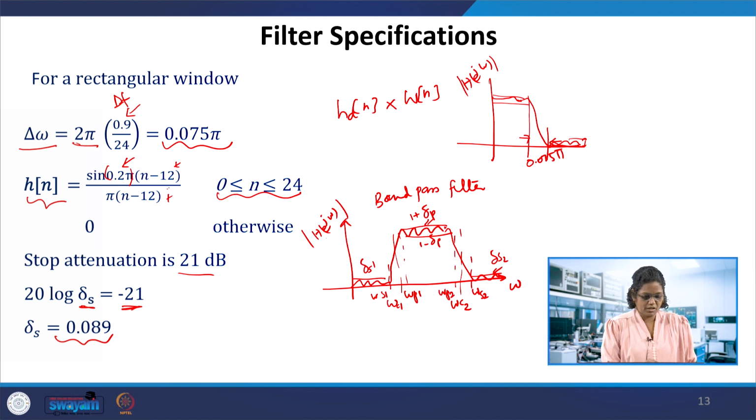From hd of n and the window, we get h of n, which is the realizable one, and the filter order can be computed, transition width can be computed, and the specifications can be met, that is, how much ripple is allowed in the pass band and stop band. So this is how the filter design can be done.